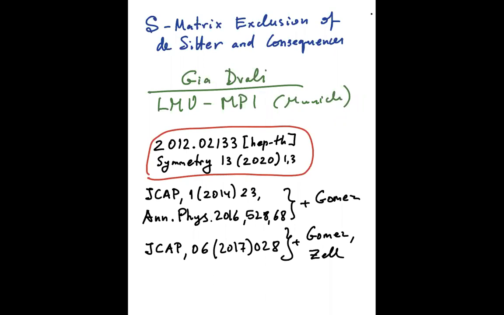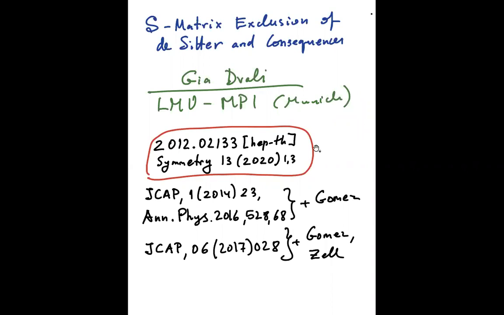Of course, I consider this as a sort of an informal seminar, so you can interrupt me anytime, ask questions and stuff. So I will talk about de Sitter and what kind of constraints we get on de Sitter from an S-matrix and the microscopic theory.